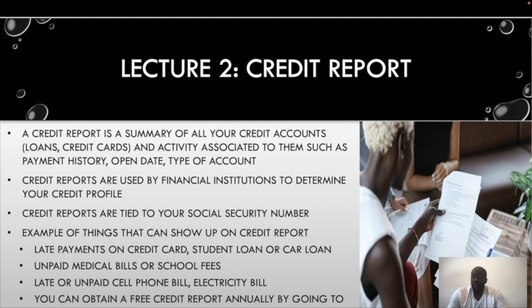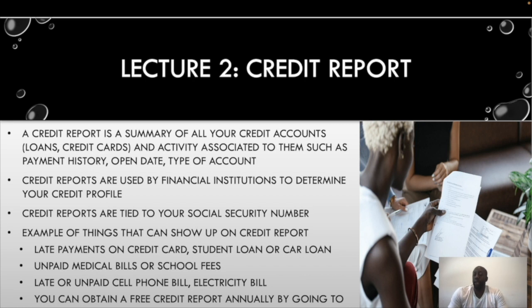Late payments, unpaid medical bills or school fees, unpaid or late cell phone bills or electricity bills, and late payments on student loans. And so any kind of liability or any kind of credit card or loan tied to your social security number is going to show up on your credit report.